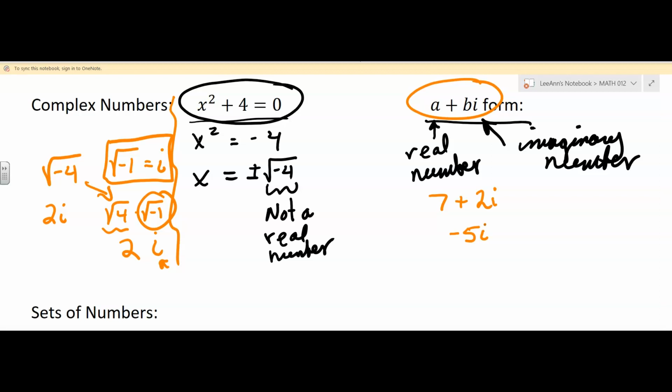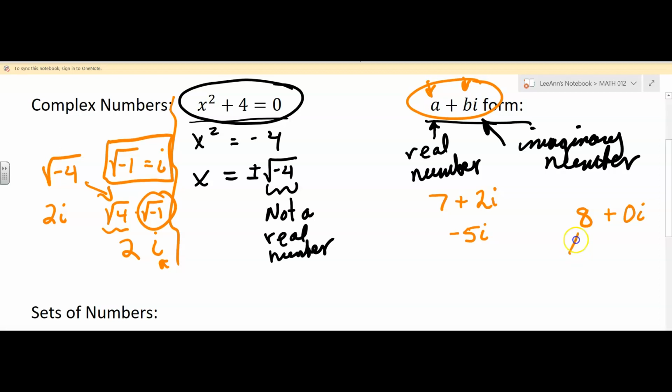Both a and b are real numbers. So it's just the i that brings in the imaginary part. You could also have the number 8. 8 is considered a complex number. a is the real number, and b is 0 this time. You could write 8 plus 0i. Sometimes we want to do that, not very often, but you could.